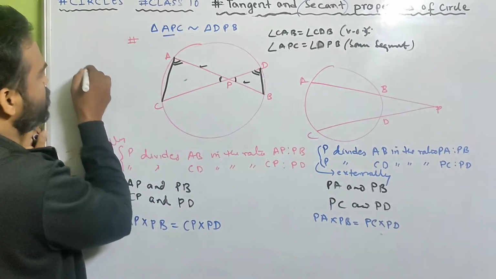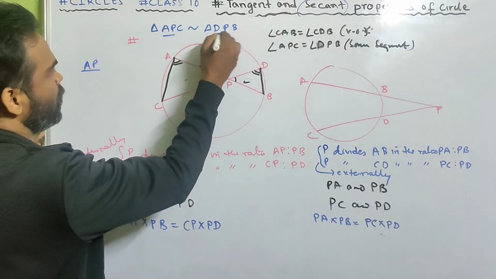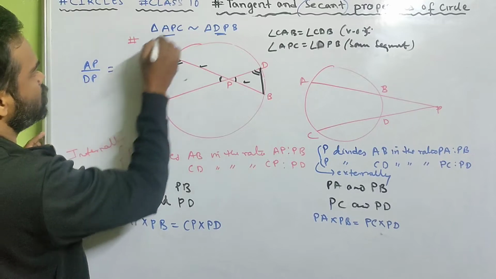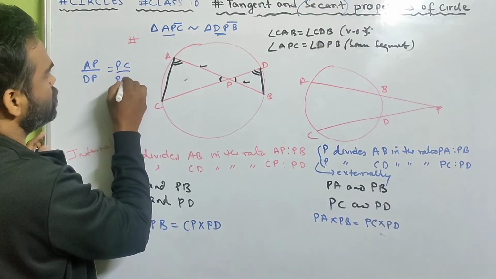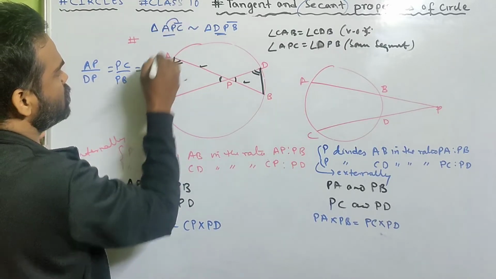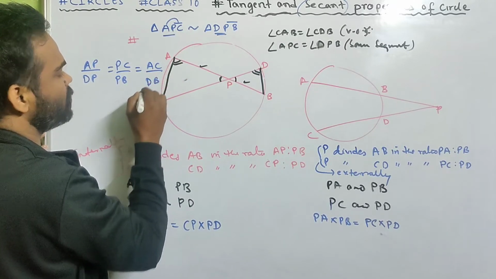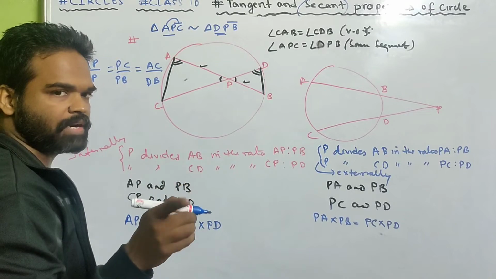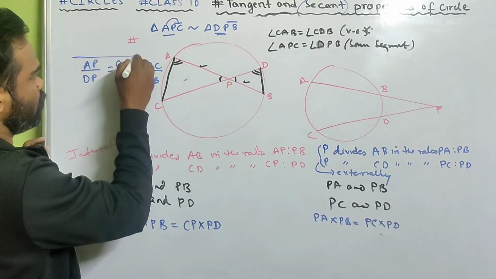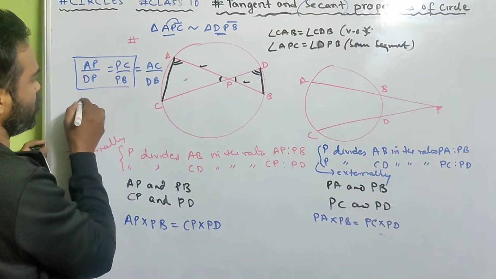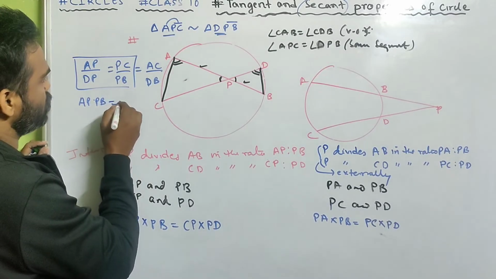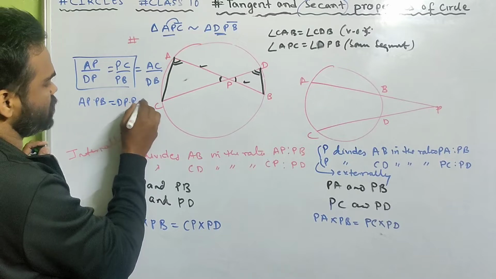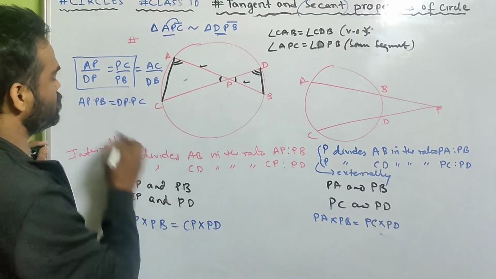So I can say AP by DP is equal to PC by PB is equal to AC by DB. We have done this in similarity. The corresponding sides are proportional to each other, which means now look at these two, cross multiply. AP into PB is equal to DP into PC. Done.